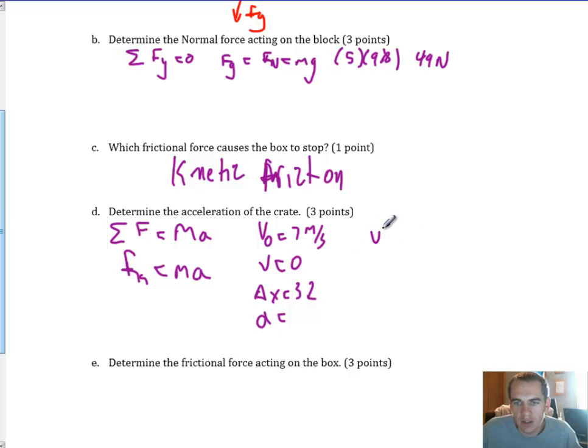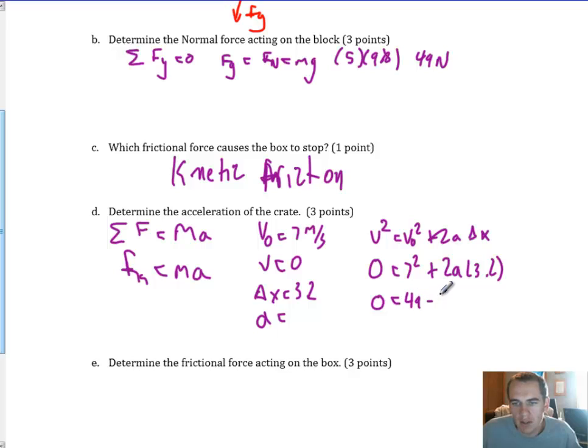Final velocity squared equals initial velocity squared plus twice the acceleration times the change in position. So 0 equals 7 squared plus 2 times a times 3.2. And so I get 0 equals 49 minus 6.4 times a.